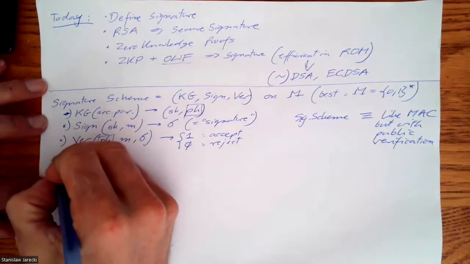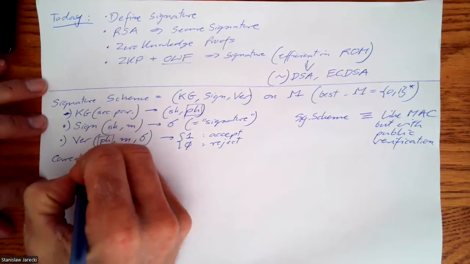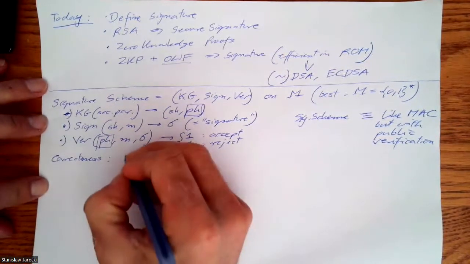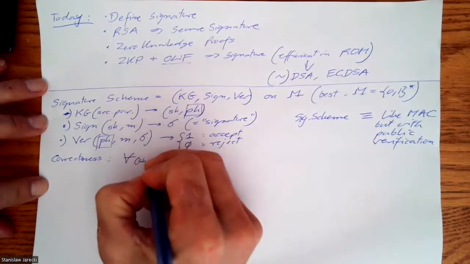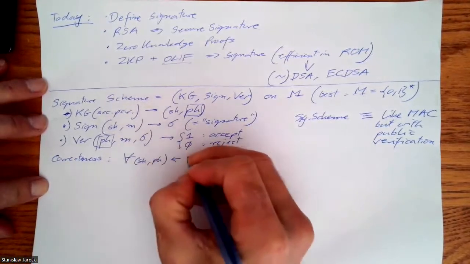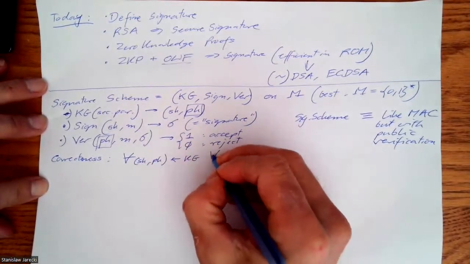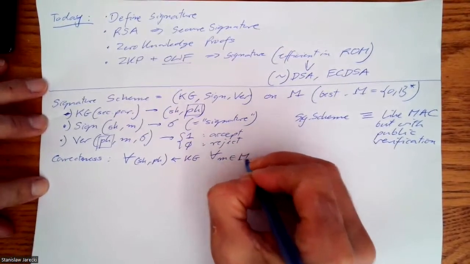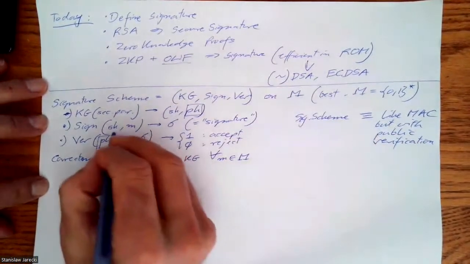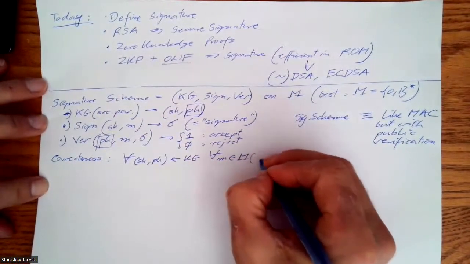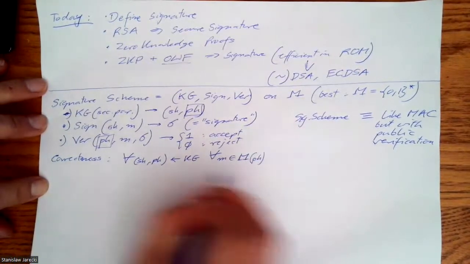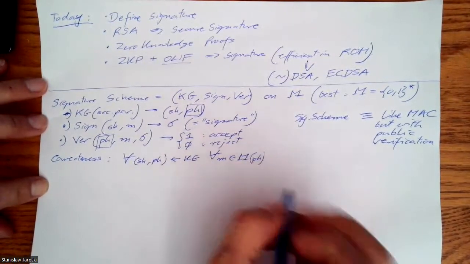So, well, correctness is sort of the obvious property: for every secret key, public key generated by the keygen, for every message in the message space. Sometimes the message space might be associated with the public key, so maybe the message space is a function of the public key.